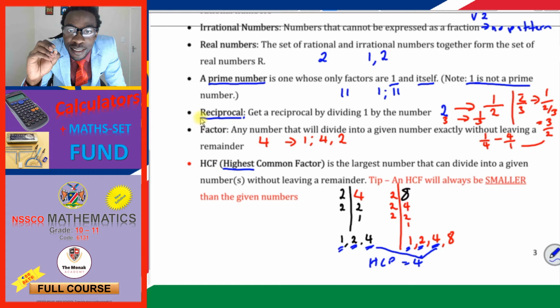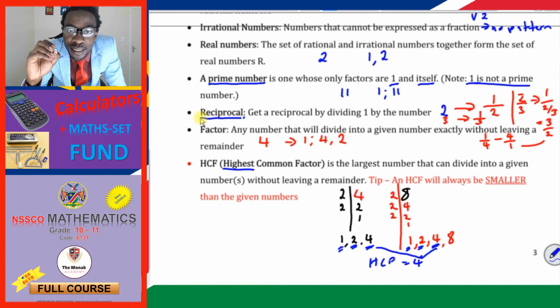So in this case, you are given 4 and 8 and you want the highest common factor of those numbers. So our answer cannot be anything above 4, cannot be anything above 8. It has to be smaller than the given numbers or equal to the given numbers. Like in this case, our highest common factor is 4, which cannot be exceeding the smaller of the given numbers.